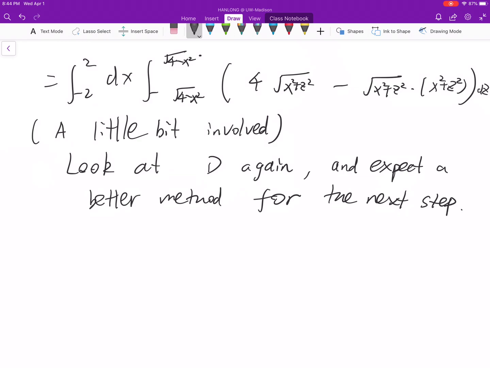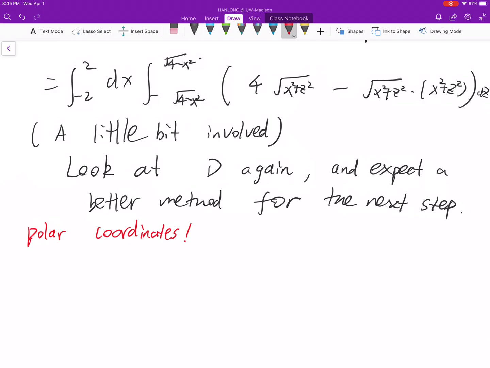So recall, we have some key tools called polar coordinates. And actually it's a perfect fit, because your domain D can be described in polar coordinates as follows.